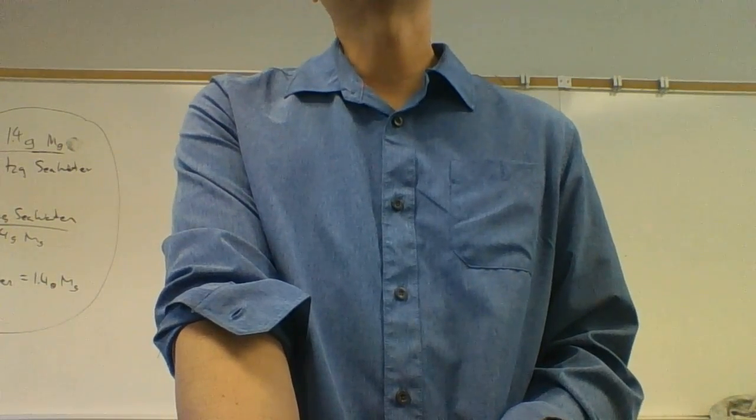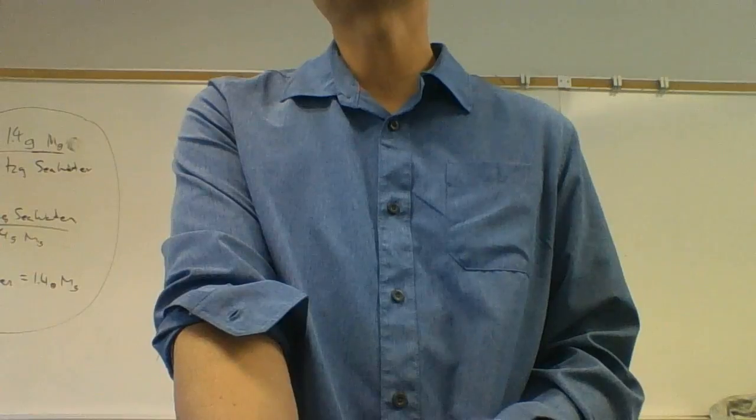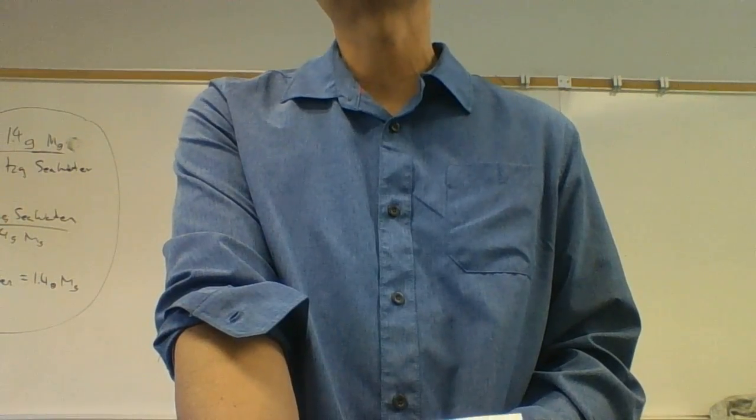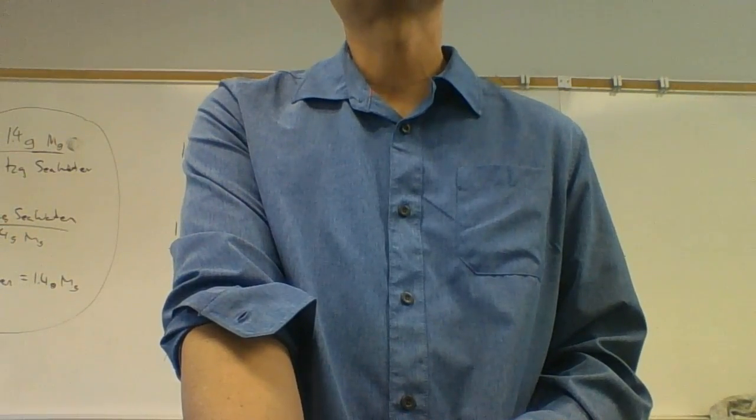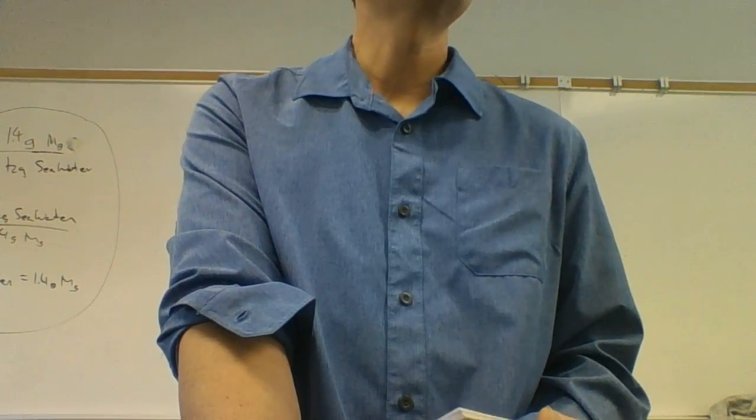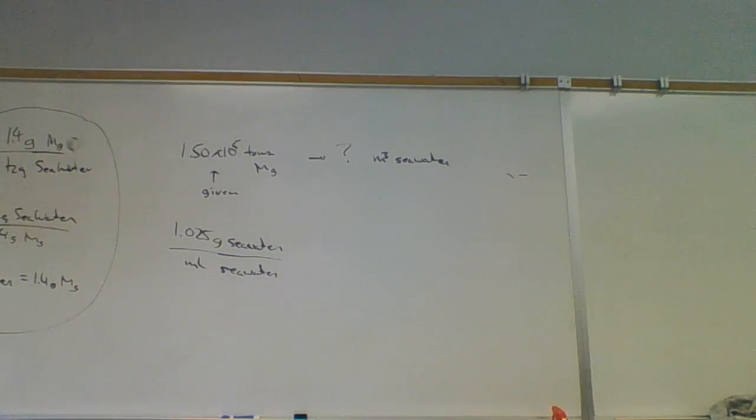If I do the easy one, then do you want to do the hard one? Or if I do the hard one, do you want to do the easy one? Which one? All right, why don't you do the easier one, I'll do the harder one. So I'm going to leave this one for you. 73 is the easier one. I'm going to do the harder one. 69 is the harder one.